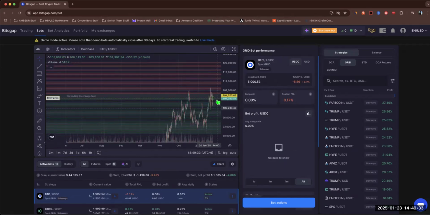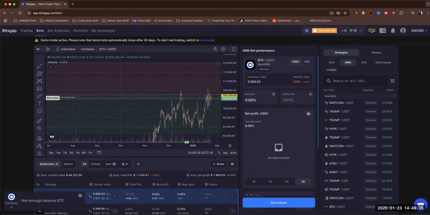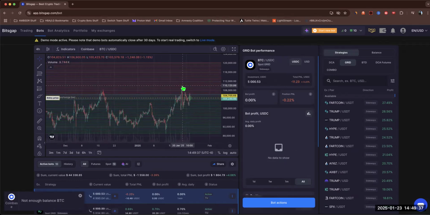Move it to the 4 hour so you can kind of see the excitement that we had late last weekend, earlier this week, and even into just earlier this month. It went from 89 to 109. So that's pretty crazy. And if you would have had this bot on, you would have got that extra 30 bucks just from having 5K in here.